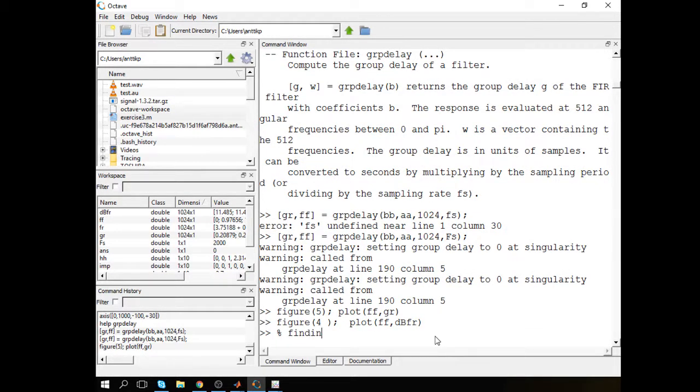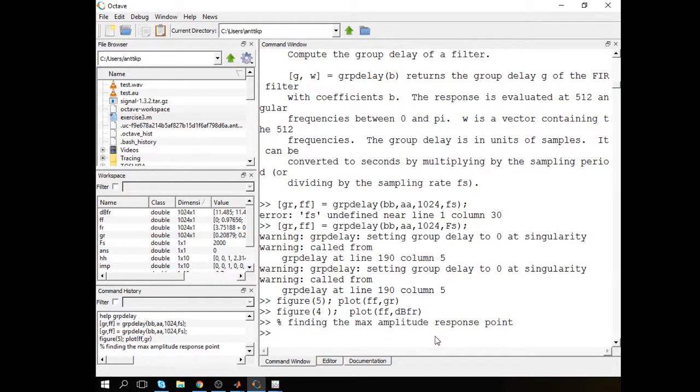So finding the max amplitude response point, we can find the maximum of dBFR and then ask about the index. max int equals max of dBFR.